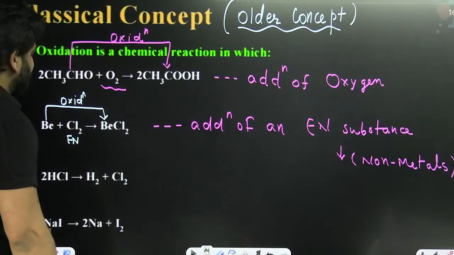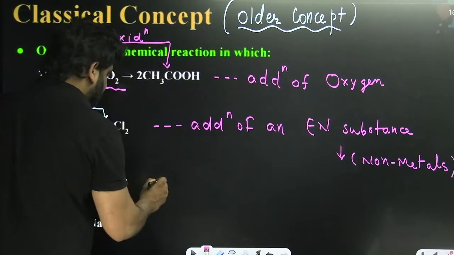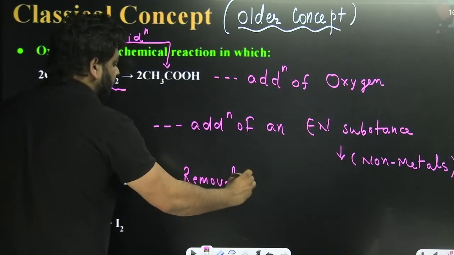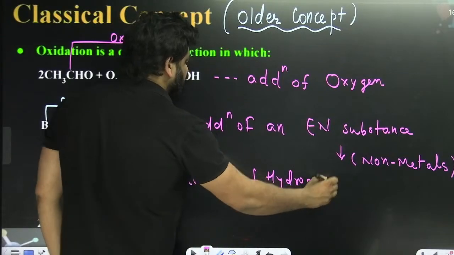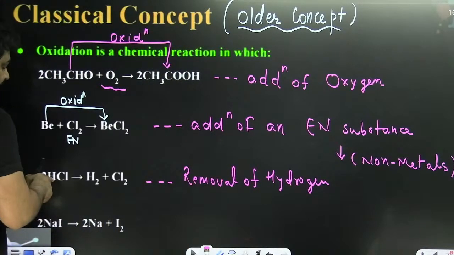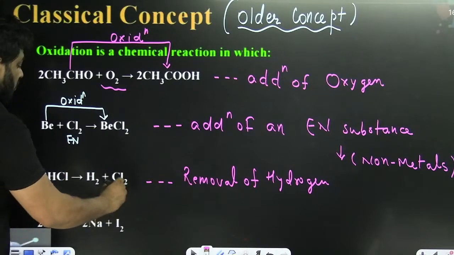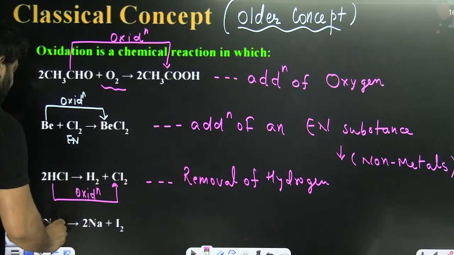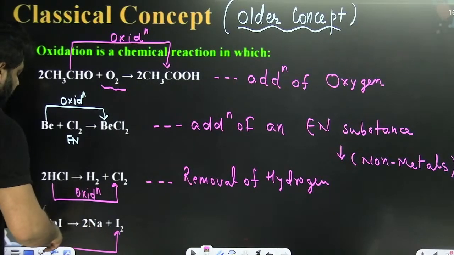The very next is removal of hydrogen. So somewhere you are seeing the removal of hydrogen occurring, hydrogen H element. So we can see from HCl, hydrogen is eliminated forming Cl2. This process will be called an oxidation process. And then again over here, an electropositive element which is sodium is being removed from NaI.